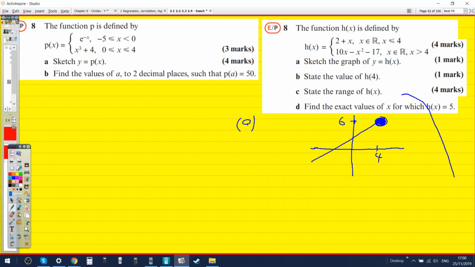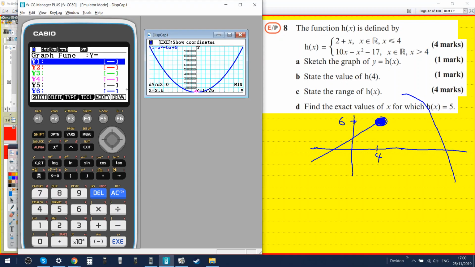So something like that. Where does it cross the x-axis? And you can do shift solve and shift graphical solve, F5 and choose root. Yeah.